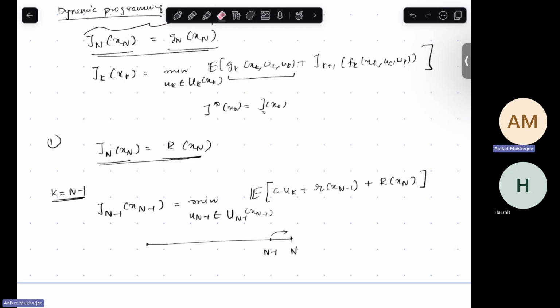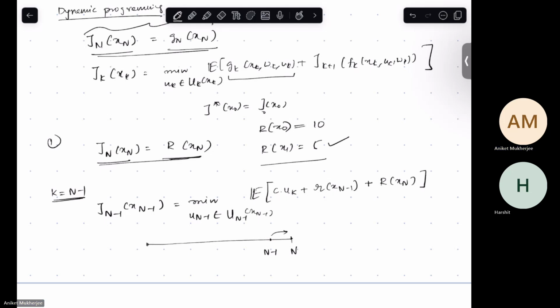So what will happen is, suppose at n there are two states, you can be at x0 or you can be at x1, right? If you are at x0, R of x0 is 10 and R of x1 is 5. Then you would want to go to x1 because you're trying to minimize the cost, right?